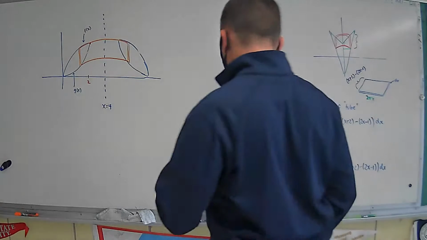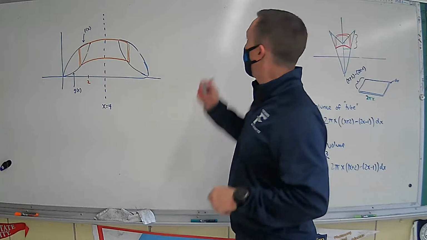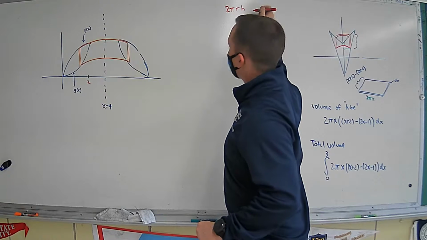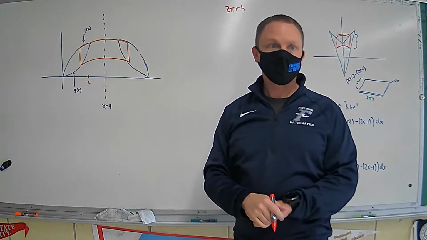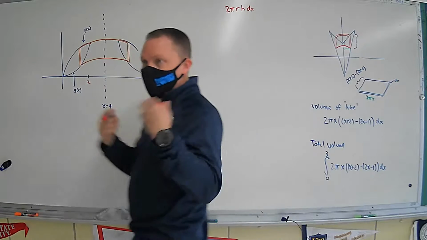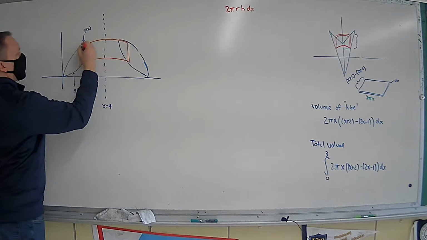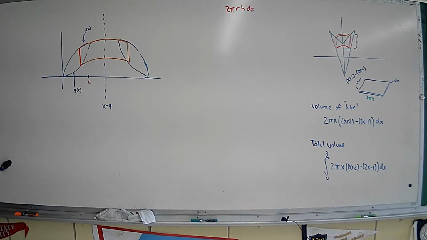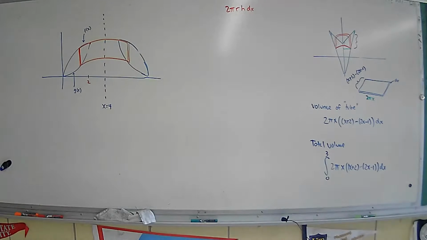Now I'm going to streamline this for you a little bit. The volume of a shell is really 2 pi r h times the thickness. What's the thickness of one of those shells? dx. And the height, when I'm referring to the height, is that distance right there. You follow me? Okay, so set it up.